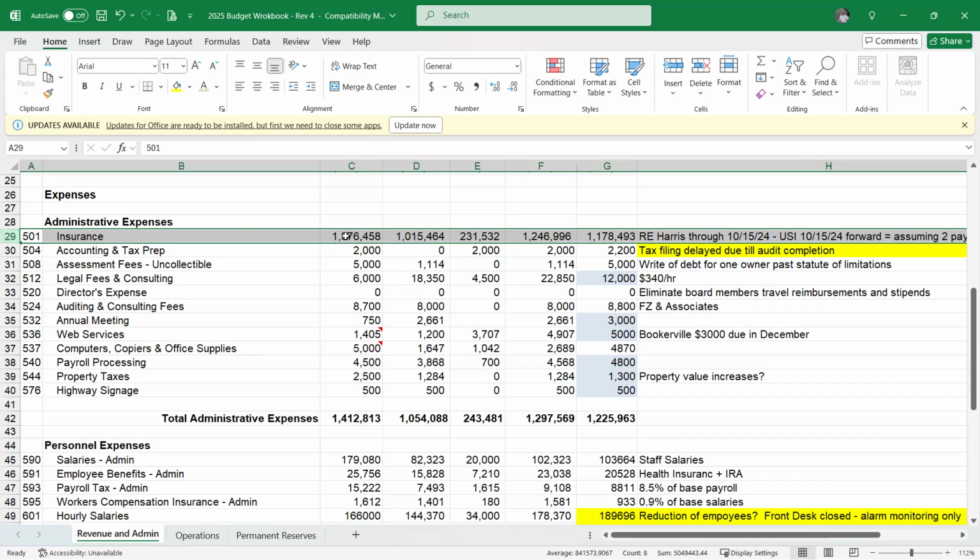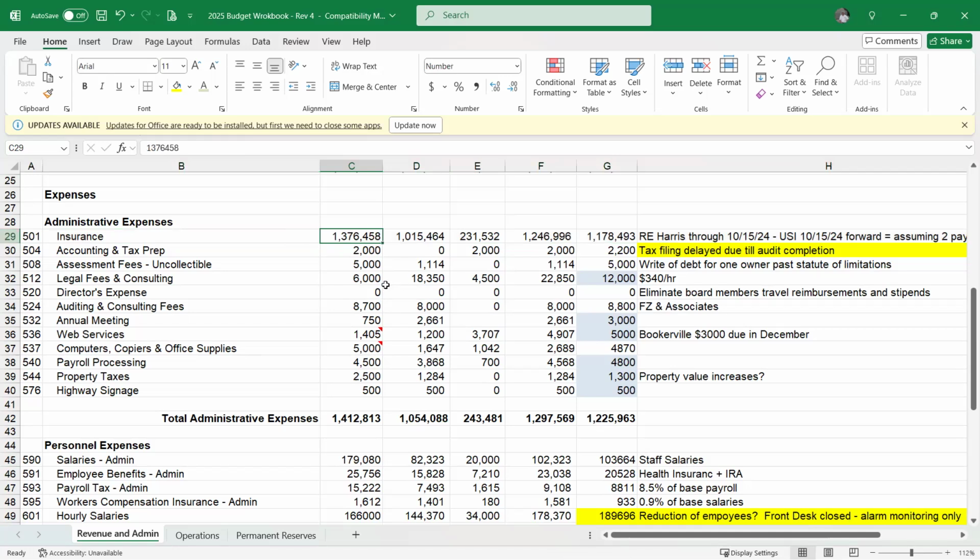But while we budgeted 1.376 million last year, we actually will have spent 1.246 million this year because of our new USI insurance policies that are somewhat cheaper than what the RE Harris policies were. So that helped drive this number down from budget. Oh. Okay.